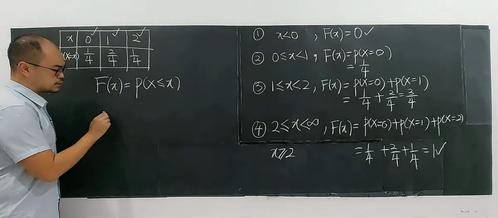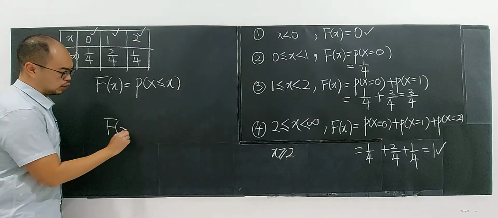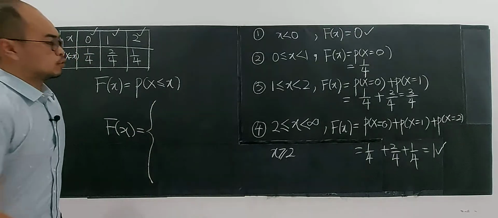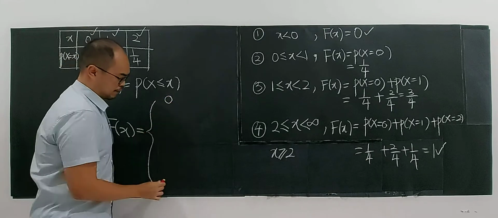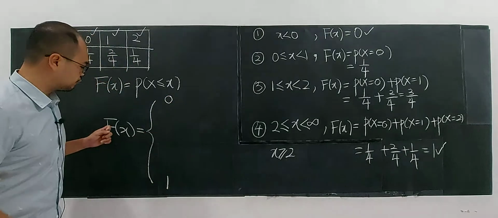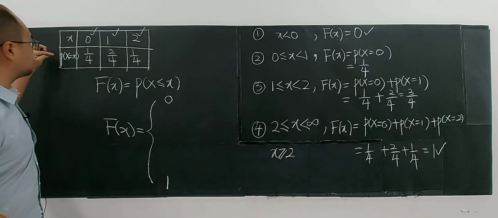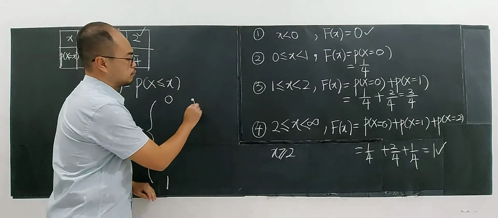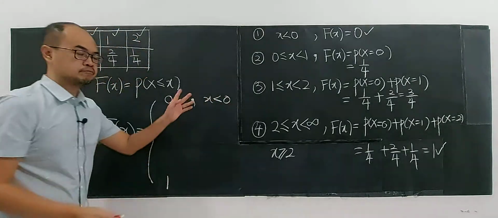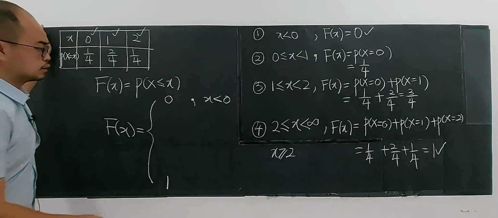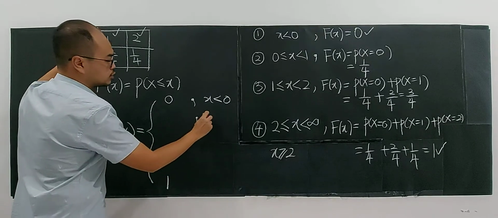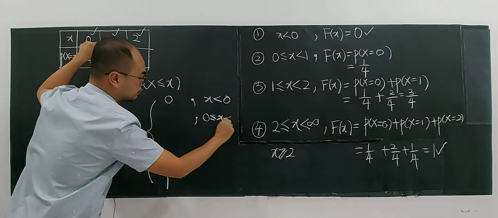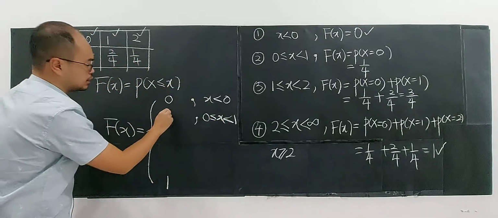We can rewrite this cumulative distribution function as a piecewise function, which starts with 0 and must end with 1. The difference between cumulative and probability distribution function is that the cumulative starts with 0 and ends with 1. Before 0, there is no probability. After reaching 0 but before 1, the probability is 1 over 4.